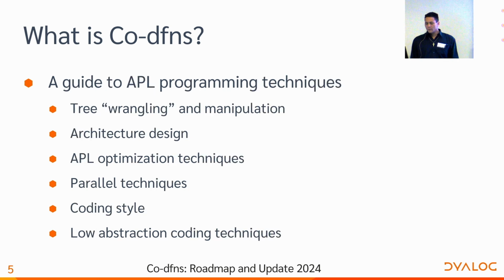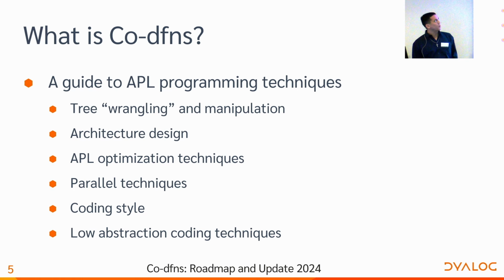So in the course of developing this, Co-dfns also serves as a sort of guide or manual to a certain suite of APL programming techniques that you might not be exposed to otherwise.